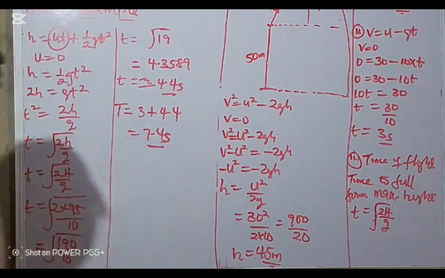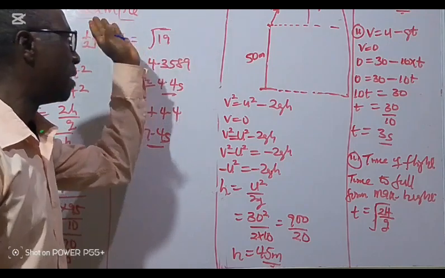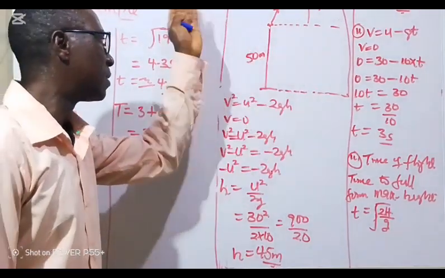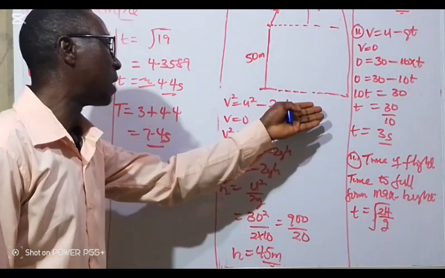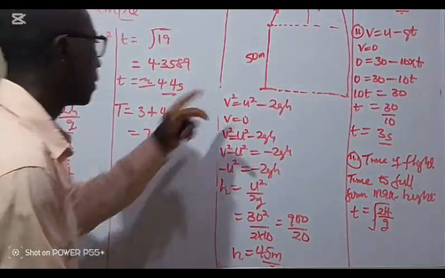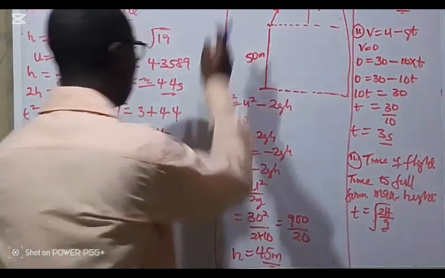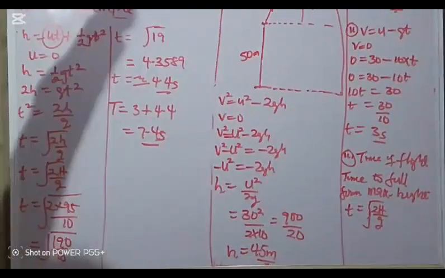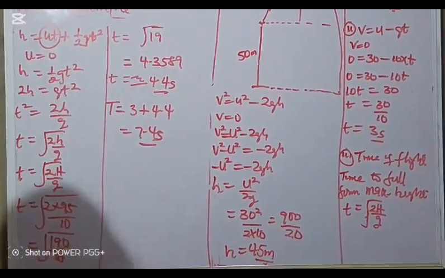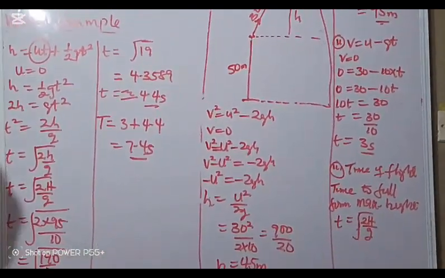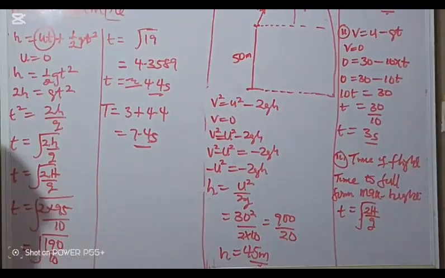When the motion starts and ends on the same horizontal level, capital T is equal to 2t. But when it is not like that, you need to calculate the time to reach the maximum height first, then the time to fall from maximum height to the ground, then add the two answers together to give the final time of flight. So this gives us 7.4 seconds.